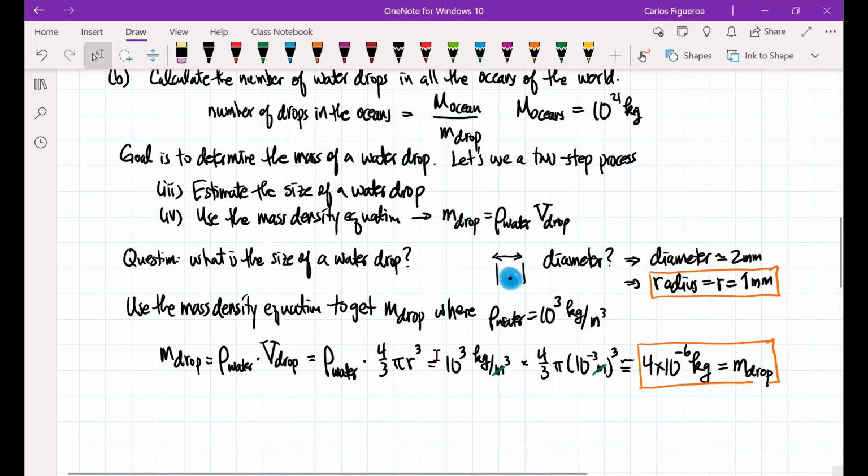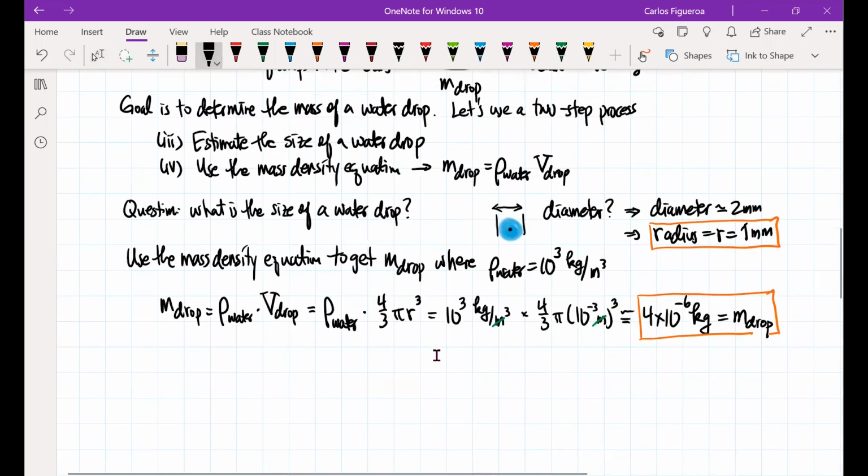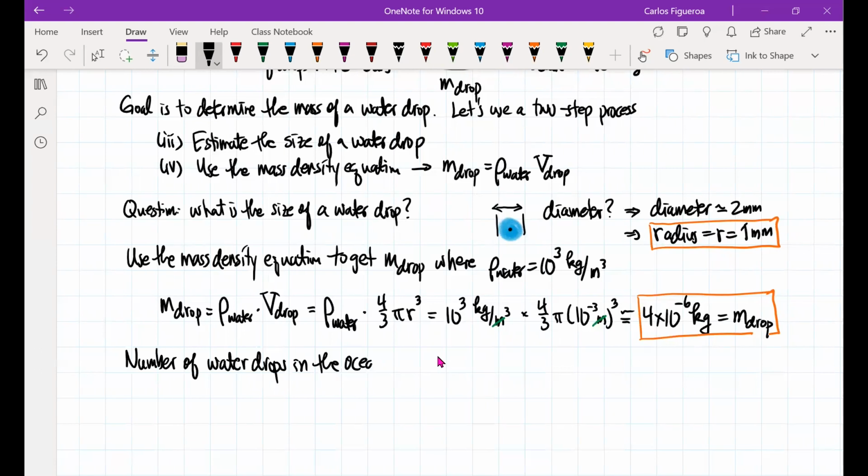So now let's calculate the number of drops in the ocean. The number of water drops in the oceans is the mass of the oceans divided by the mass of a drop.